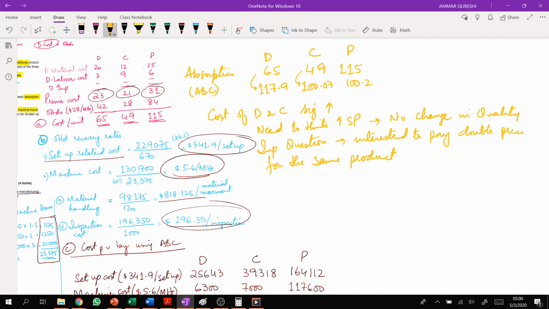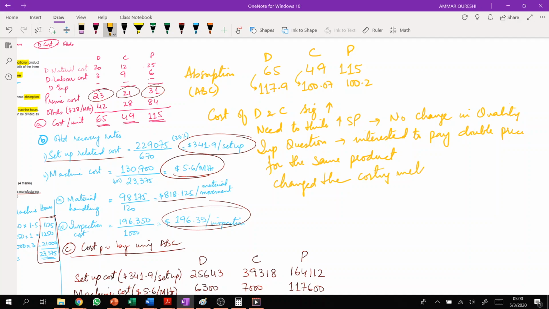So we need to identify whether customers will be willing to pay high prices for a product which provides exactly the same quality, and the only reason the company is asking them to pay more is that the company changed the costing method, right?